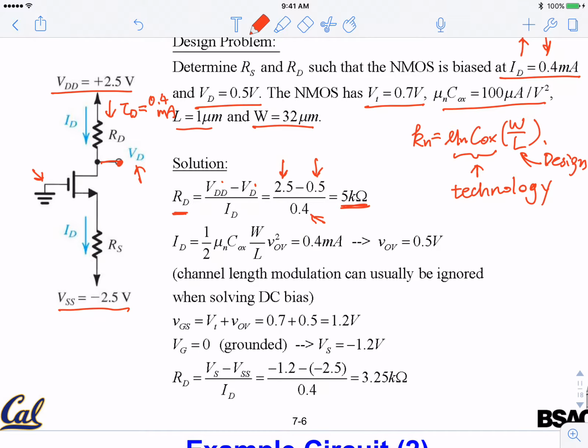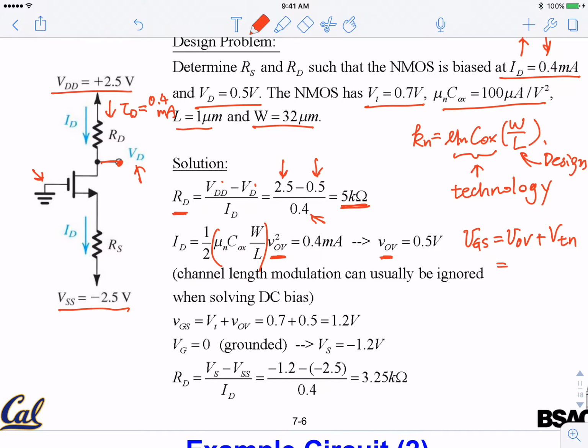Okay. And next, we have the transistor. So we have the current. Then we can calculate the overdrive voltage. This is a very simple calculation because we basically know the Kn here. So we can very easily put it back and say the overdrive voltage is 0.5 volt. Once we know the overdrive voltage, we know VGS is equal to V overdrive plus VTN, and VTN we say is 0.7 volt.